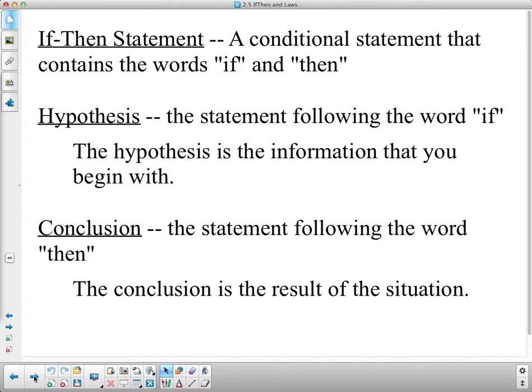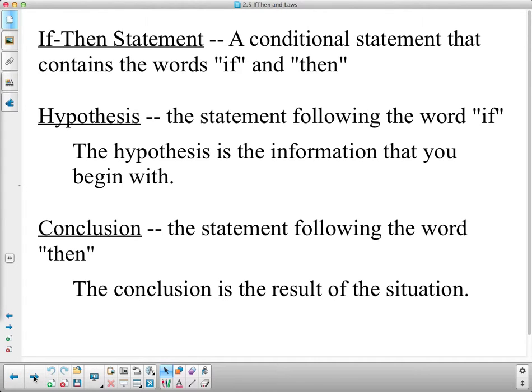So same word, kind of completely opposite meaning in science and in logic, in math. So you have to work on memorizing what it is here and what it is there, and know in the context of what you're doing which definition is the correct one. So the hypothesis is what we begin with, and the conclusion is what we end with.